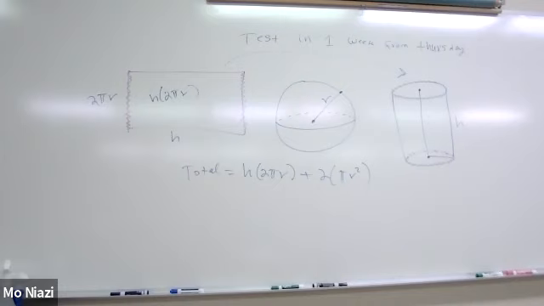So 13.5 is equal to pi h, right? So you need to also divide by pi.